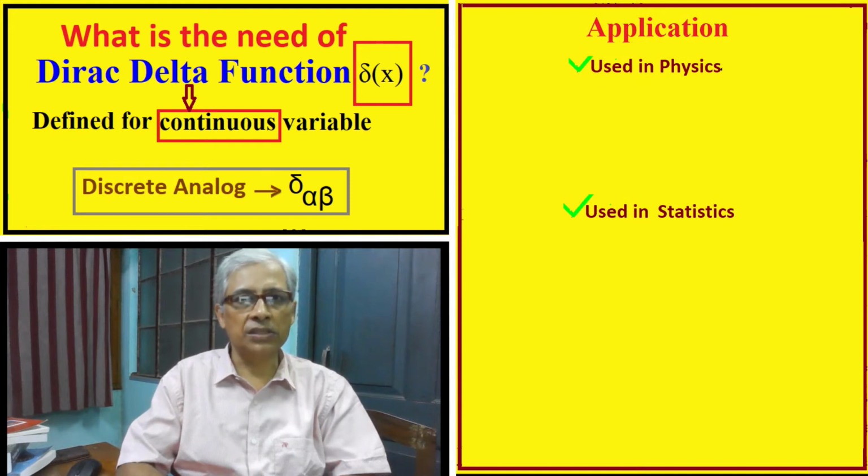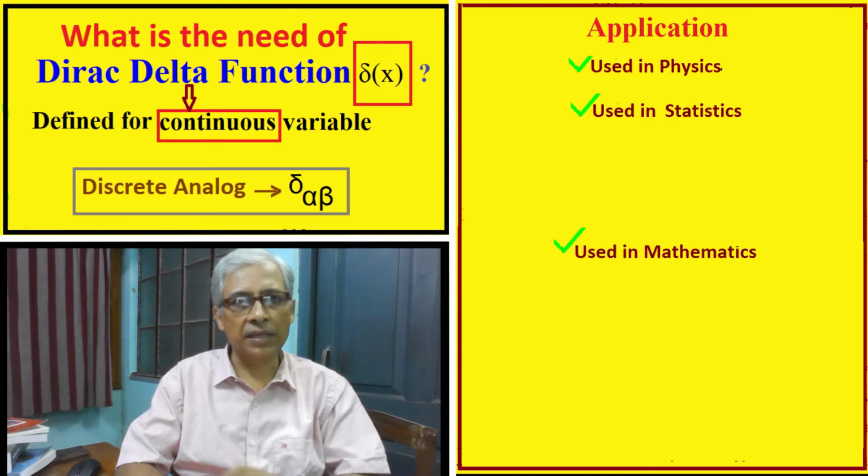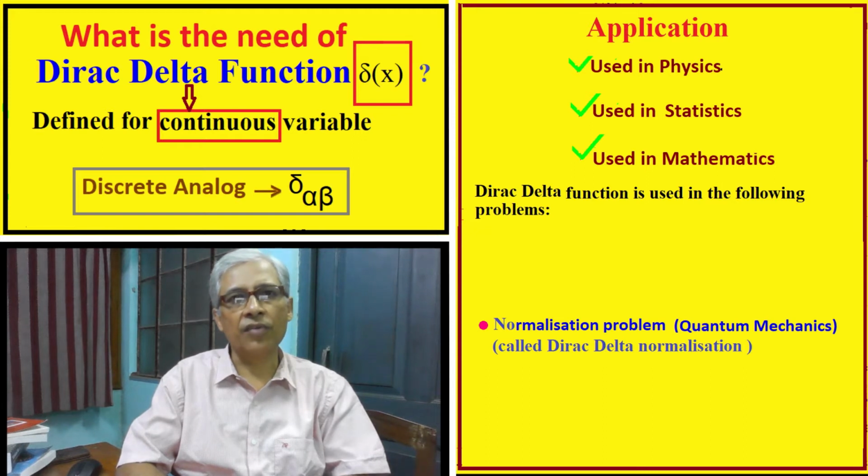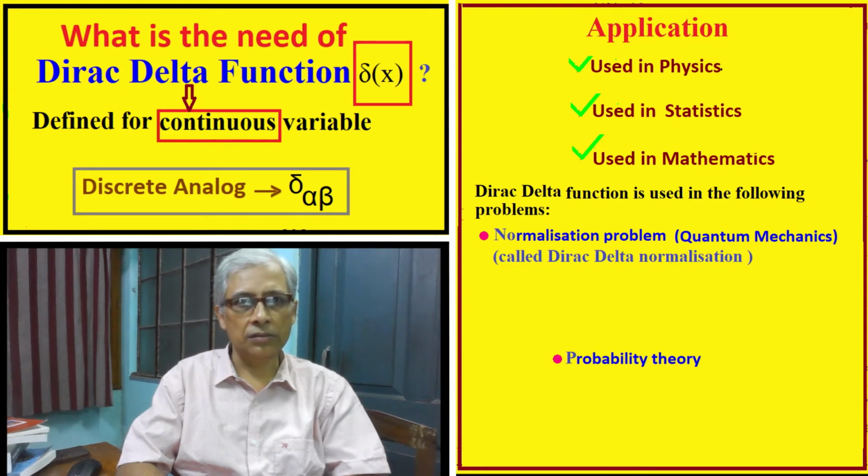It is used in statistics as well as in mathematics. Let me mention a few places where Dirac delta function is employed in physics. With the help of Dirac delta function, some normalization problems in quantum mechanics are solved. These are well known as the Dirac delta normalization.